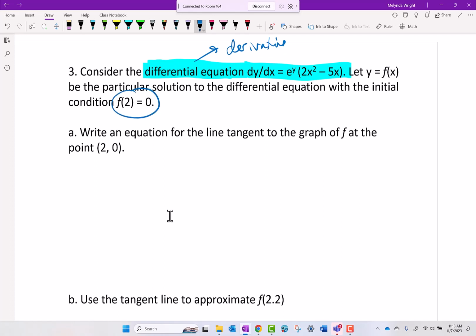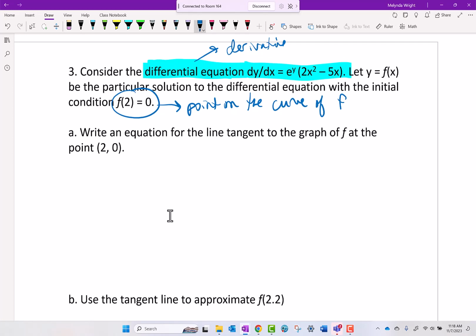this is a point on the curve of f. That's a point on the curve of f. That's what that is. Write an equation for the line tangent to the graph of f at the point (2, 0).